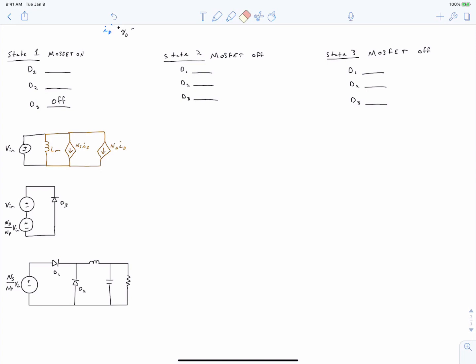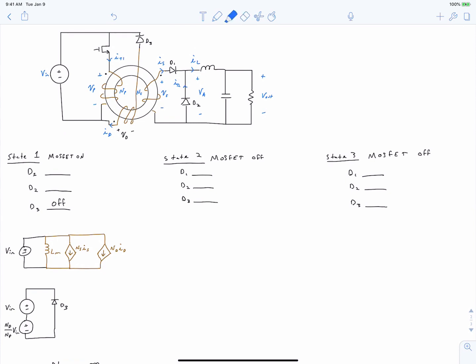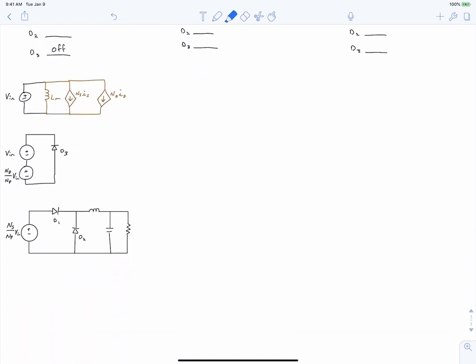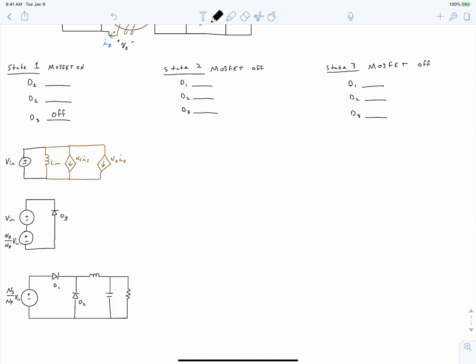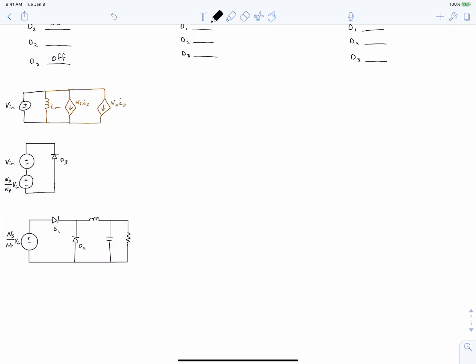So again, that is the voltage that is seen right here. So Vs is equal to our turns ratio times our input voltage, and that is going to be larger than Vout. So that means that we have a positive voltage appearing across this diode, which turns the diode on. The diode is forward biased, and we now know the conduction state of D1. It is on. And that means that we have a positive voltage across diode 2, and so therefore diode 2 is off.